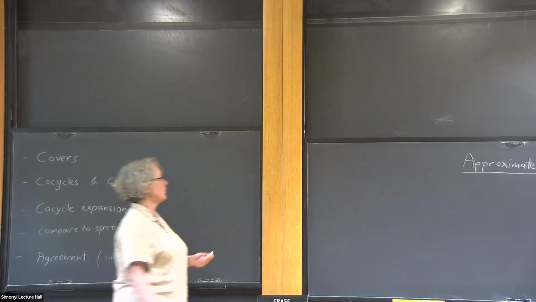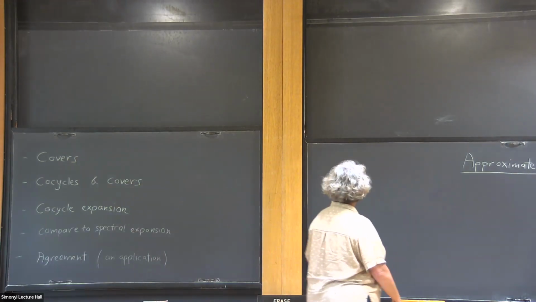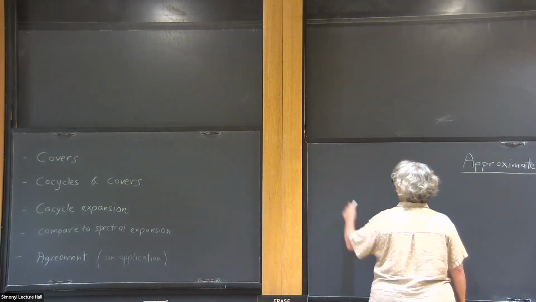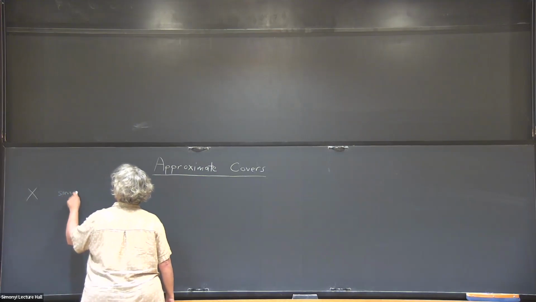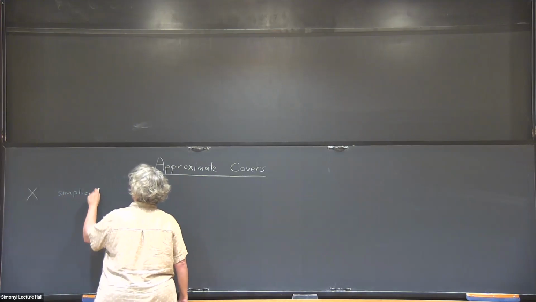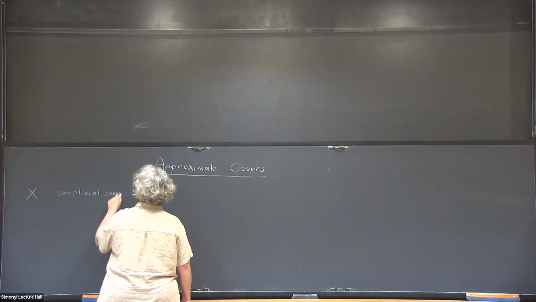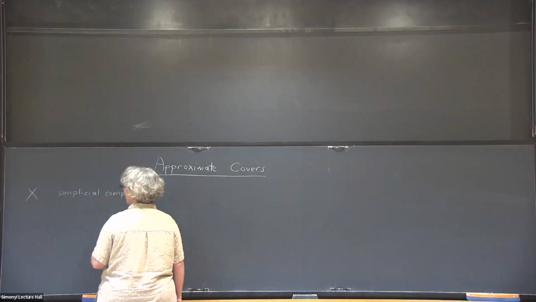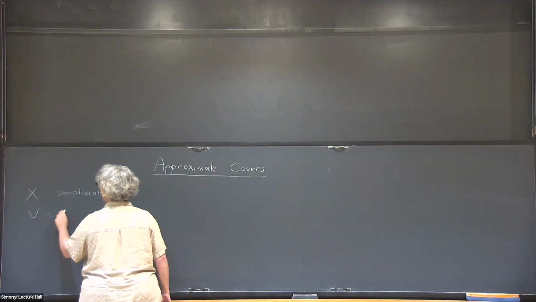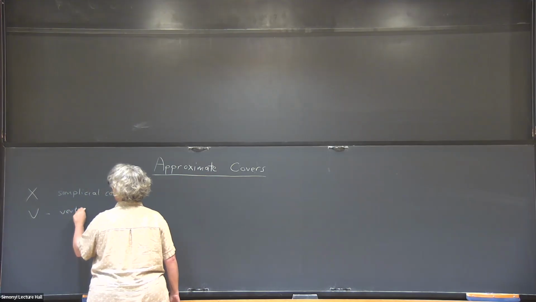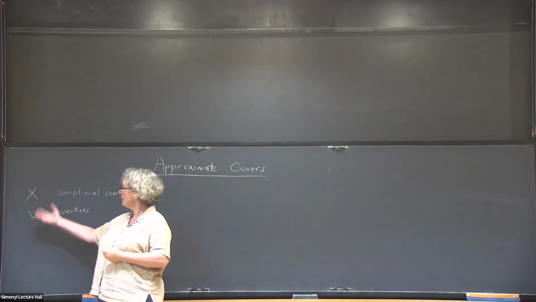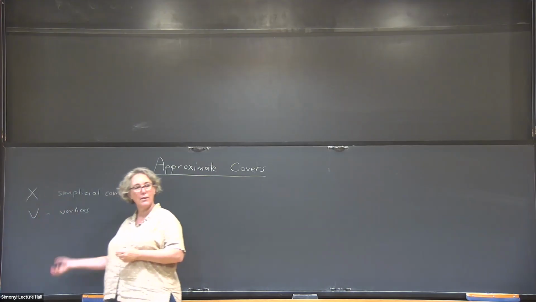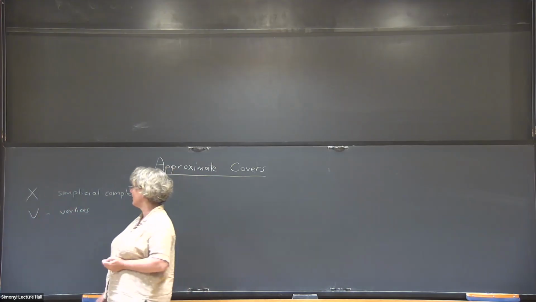Okay, so let's start with simplicial complex. It is just, let's say, a family of sets that is downwards closed. So we have a set of vertices, and we have a collection of subsets of the vertices such that whenever you have a subset, you have all the subsets of that subset.